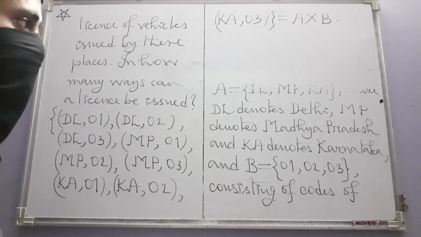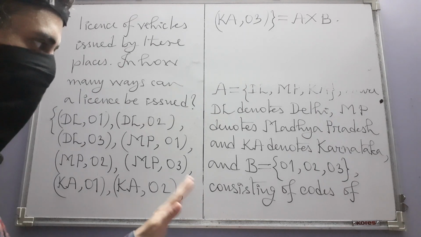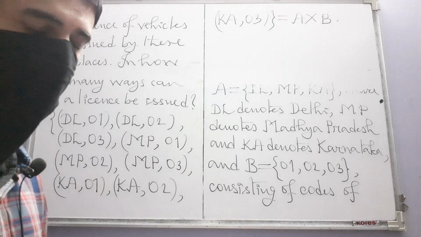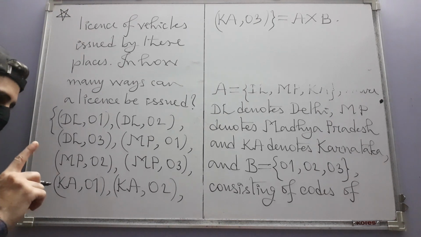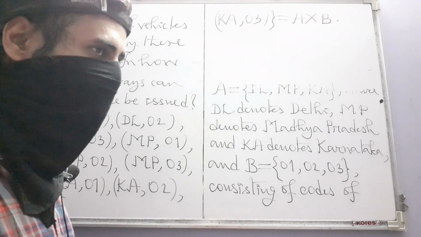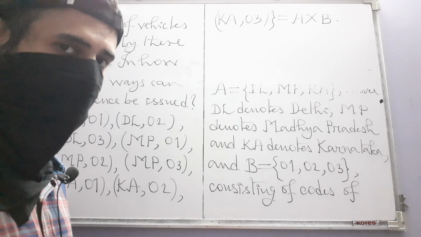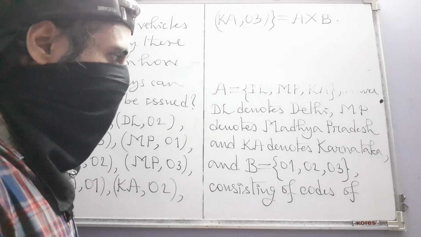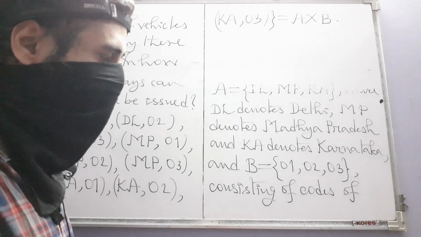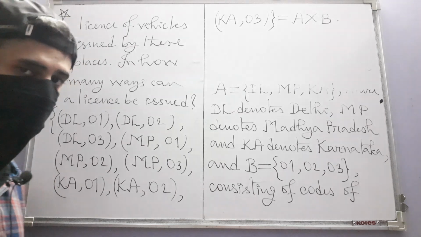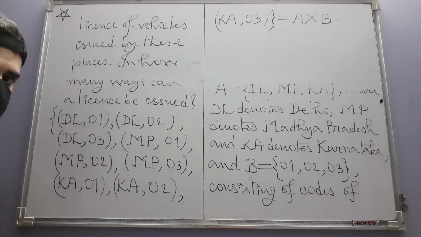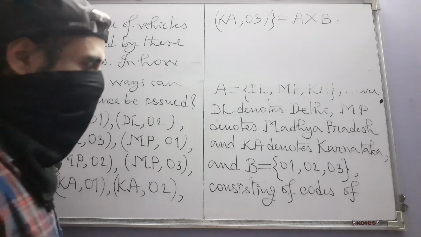Do you notice one thing? Because I have to erase these things, now itself I am saying this. In the previous example, where we had 2 colors and 3 items, the total number of ordered pairs was 6, which is 2 times 3, and it's understandable also why that happens.